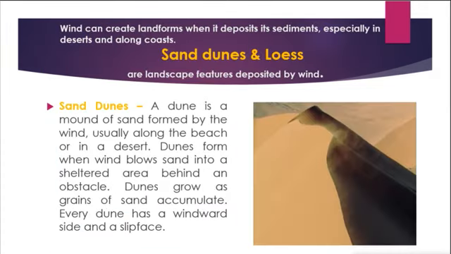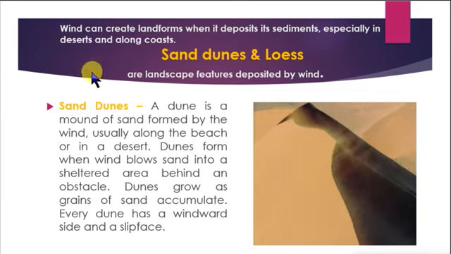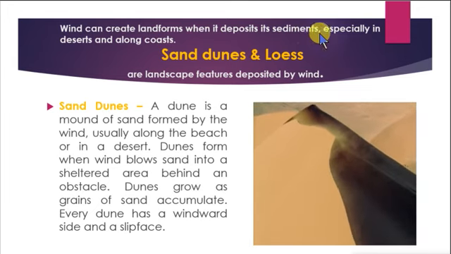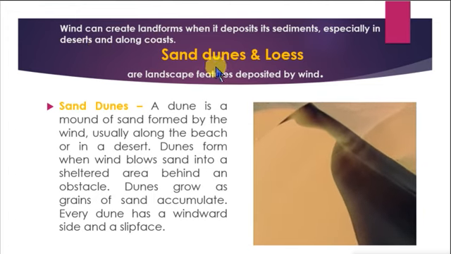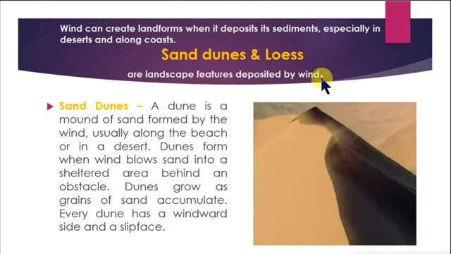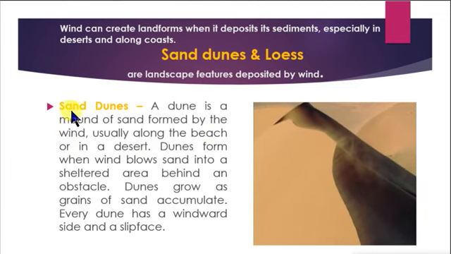Wind can create landforms when it deposits its sediments, especially in deserts and along coasts, like sand dunes and loess. These are landscape features deposited by wind. Now, sand dunes.